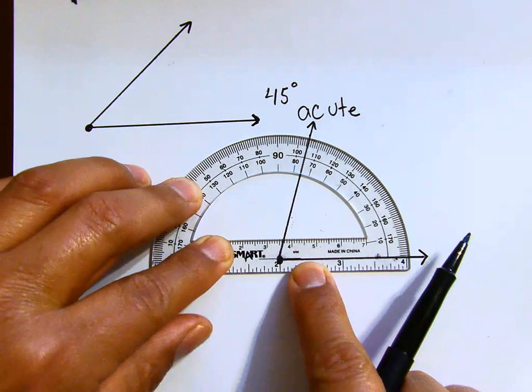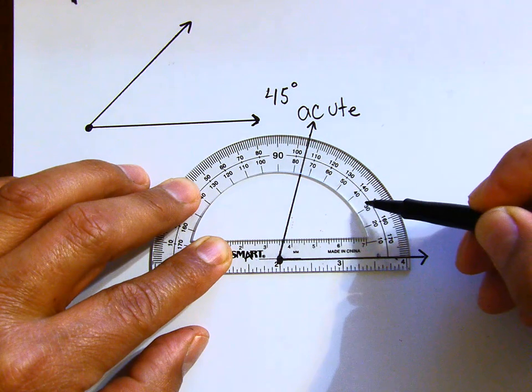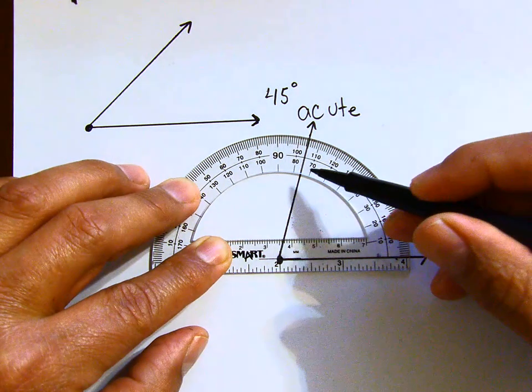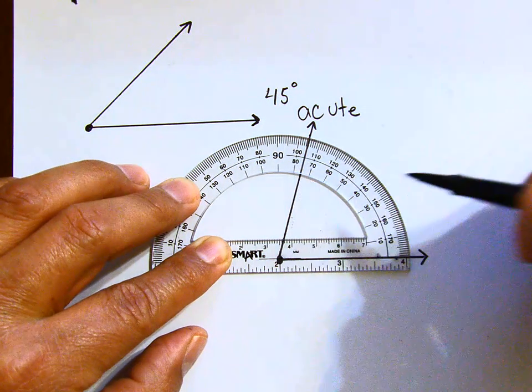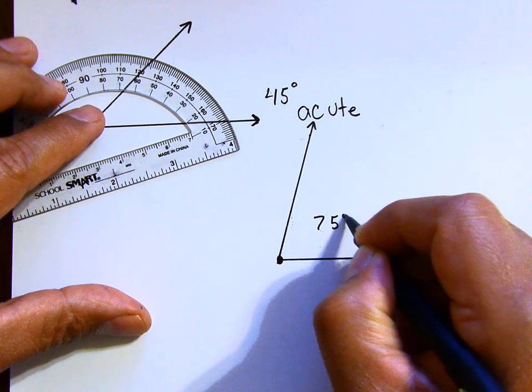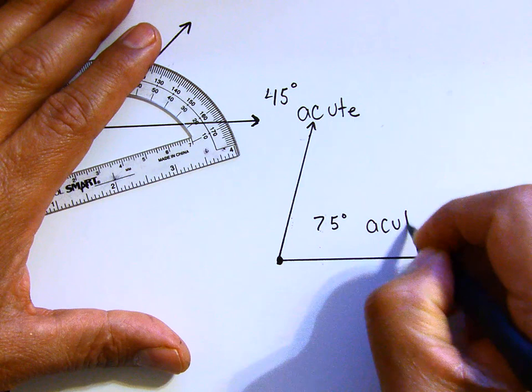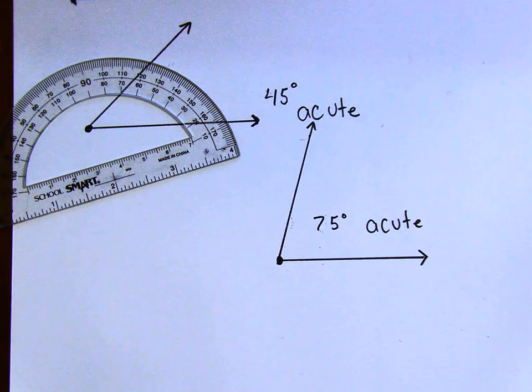There you go. And I start with 0, 10, 20, 30, 40, 50, 60, 70, and 5 more, 75 degrees. So that measures 75 degrees. If it's 75 degrees, I know it's going to be an acute angle because it's less than 90 degrees.